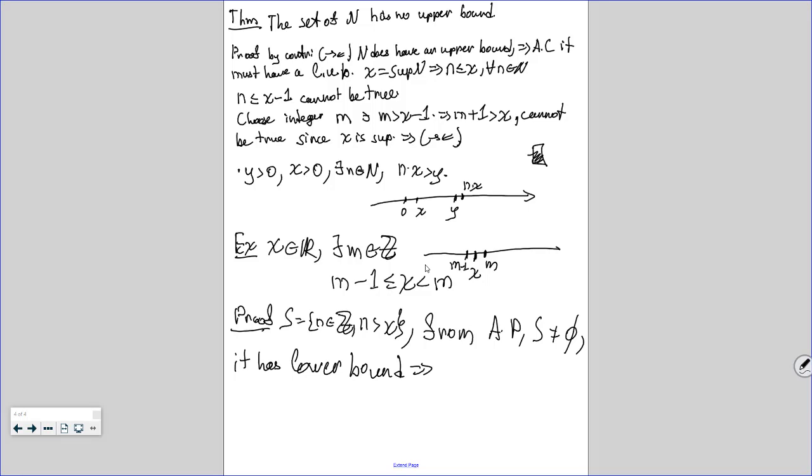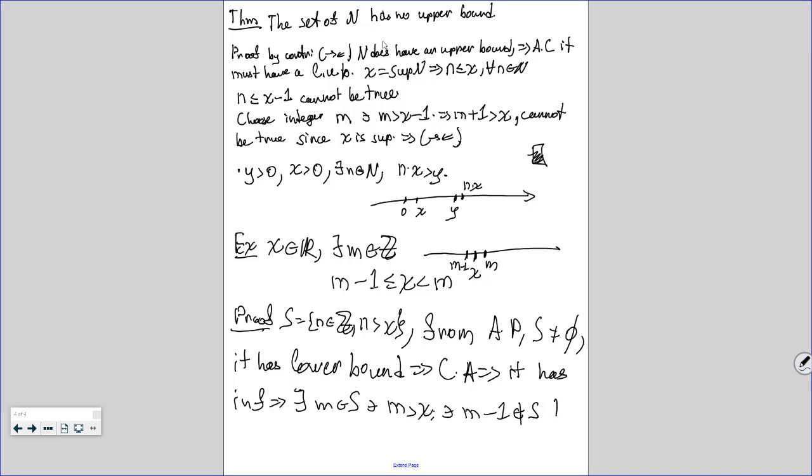So from the completeness axiom, we know that it has an infimum. From here, there exists some m which belongs to S such that m is greater than x, and m minus 1 is not in S by definition of infimum.